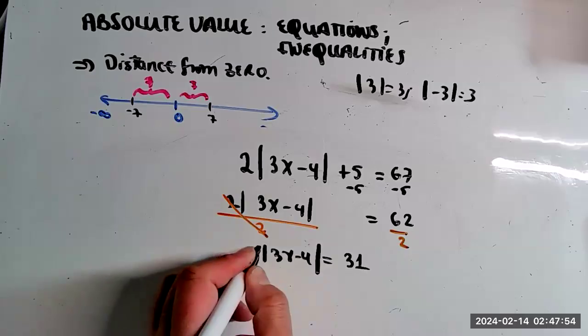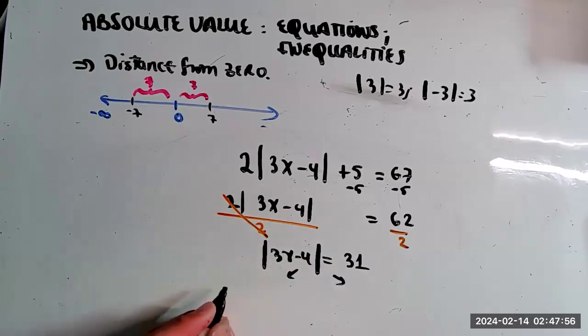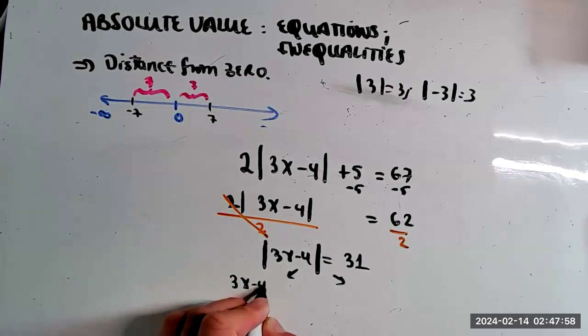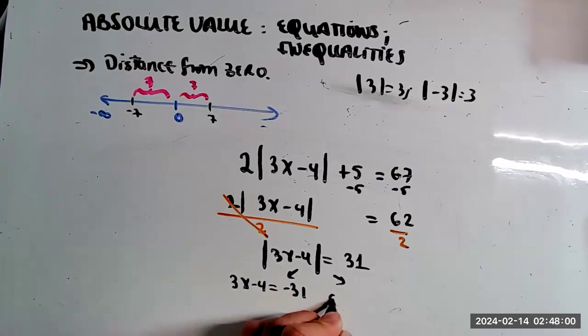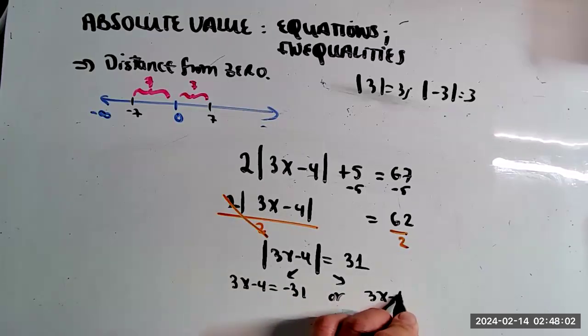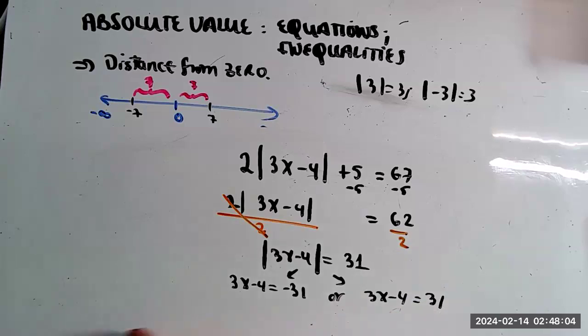Oops, I hate the absolute value. Okay, so in this case, we branch out. 3x minus 4 equals negative 31, or 3x minus 4 equals 31. Add 4. So 3x will be negative 27. If I add 4, 3x will be 35.